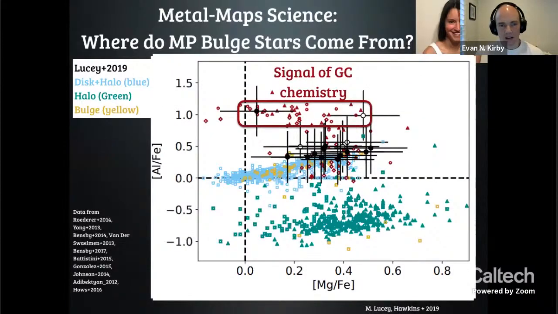The dark green halo points are much lower than the light blue ones, and I assume this is because for the halo stars the aluminum was measured with the blue line, which has a huge negative NLTE correction, and the disk stars were measured with the redder doublet. But I was just wondering how that particular observational effect factors into the hunt for the possible globular cluster stars.